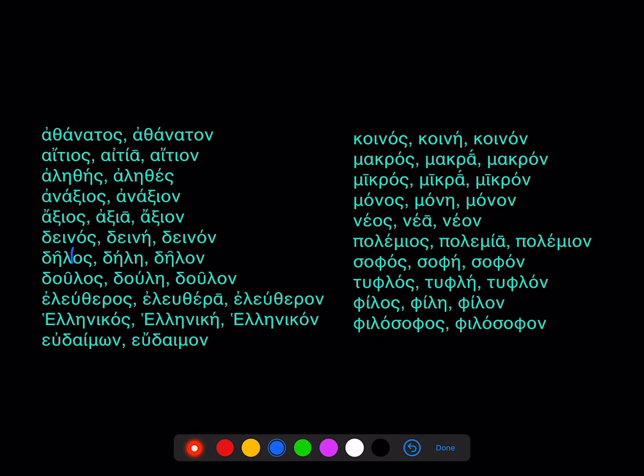So here's delos. There's the stem. Only has one syllable, so that's the last syllable, and it contains a long vowel, an eta. So the comparative of delos would be deloteros, and the superlative would be delotatos with an omicron. This is long, so that one is short.